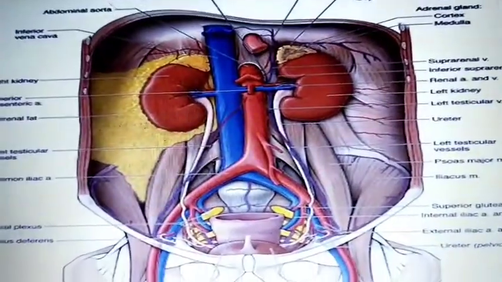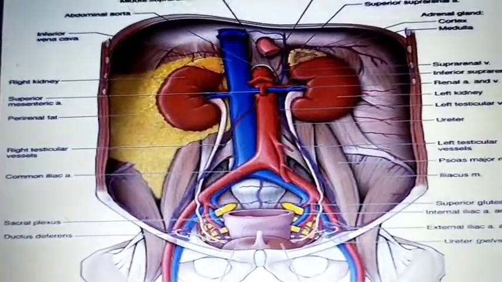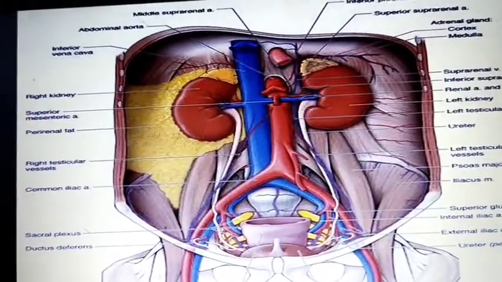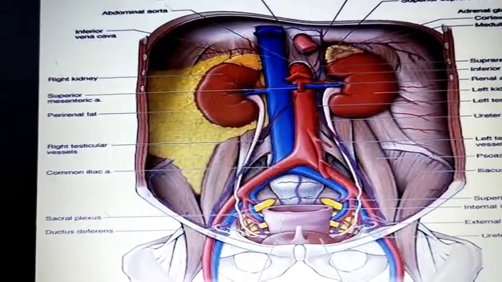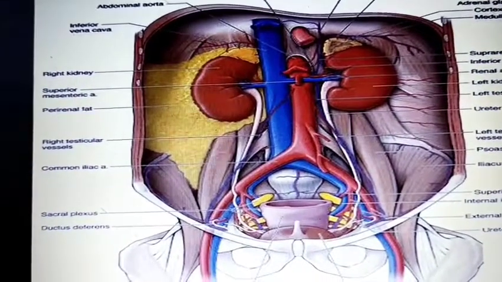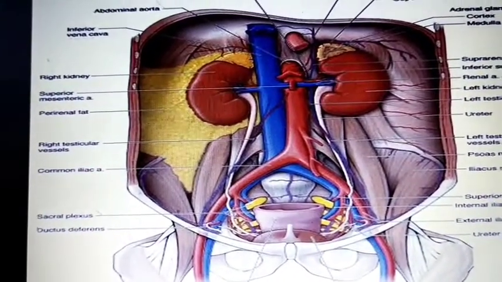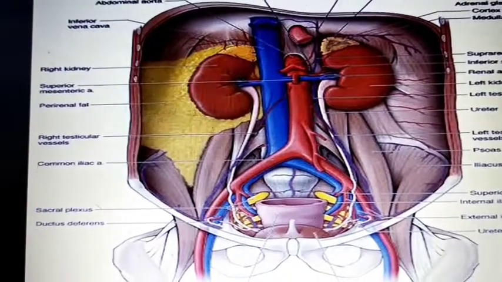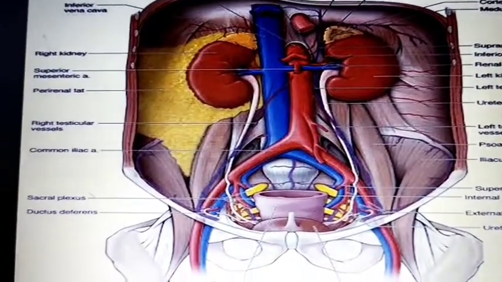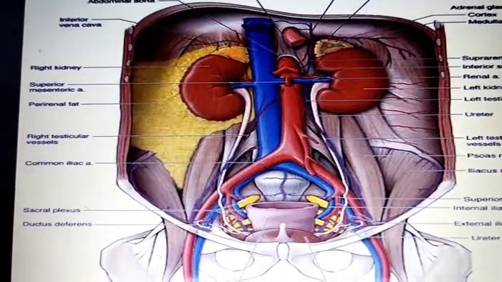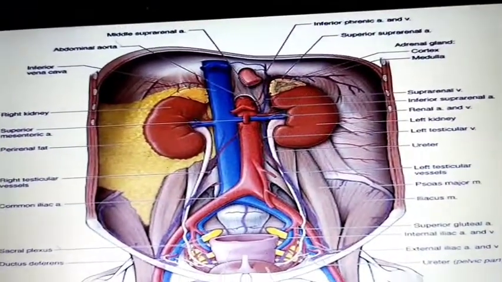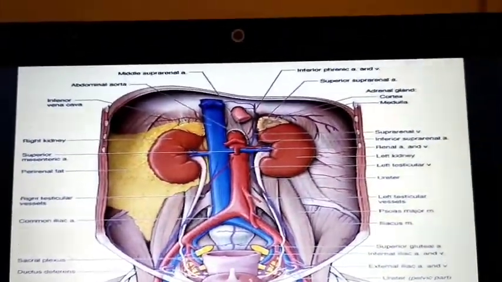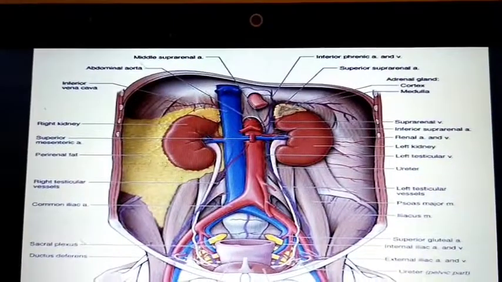Like this, the paranephric fat is arranged around the kidney and holds it in position. The fascia also holds the position and helps attachment to the other surrounding structures. Like that, paranephric fat and fascia hold the kidney in normal position, and they have relations or attachments to the other viscera.